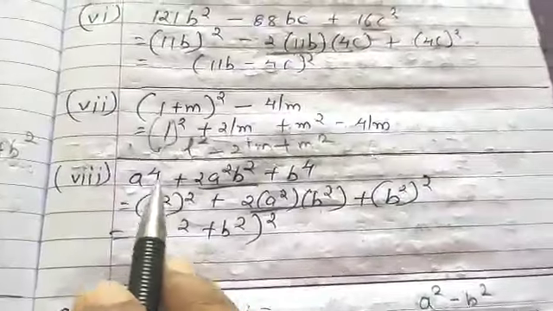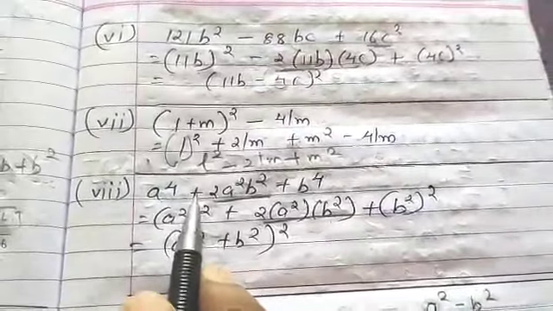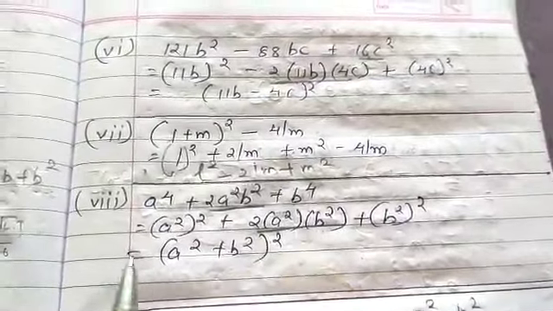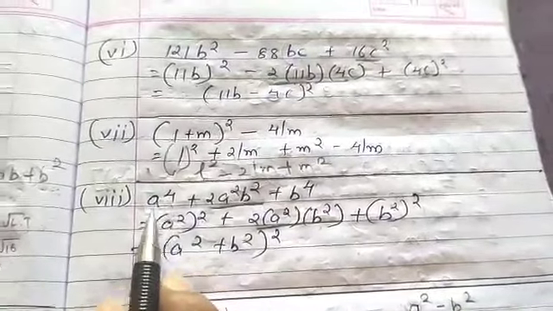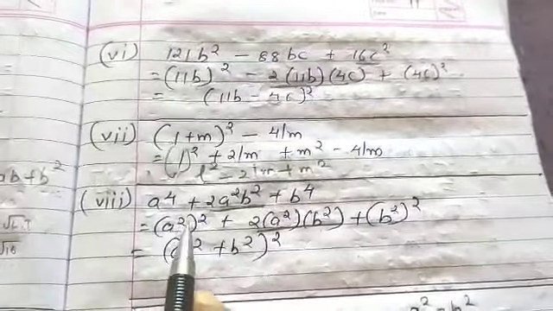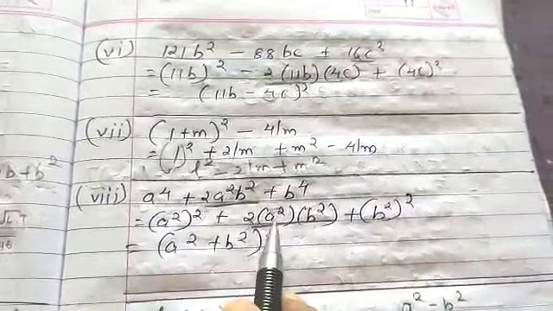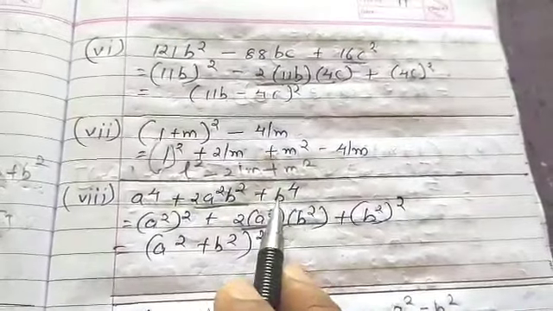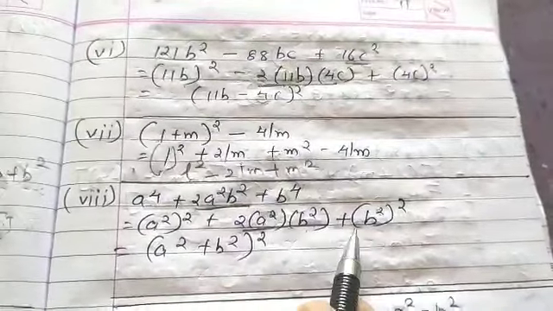Then the next one is a raised to the power 4 plus 2a square b square plus b raised to the power 4. Now here a raised to the power 4 is the square of a square, the whole square, plus write down 2 in the bracket, then b raised to the power 4 is the square of b square, the whole square.